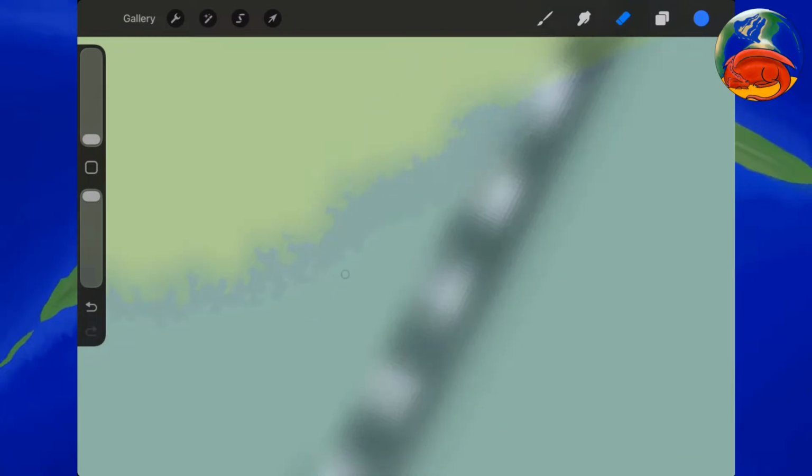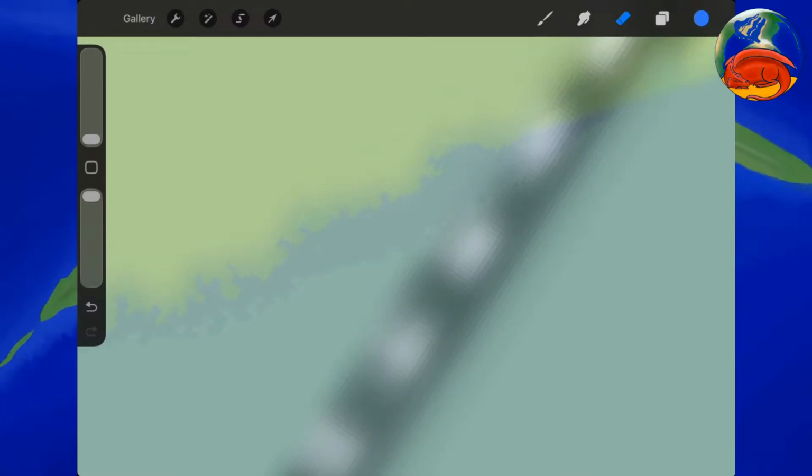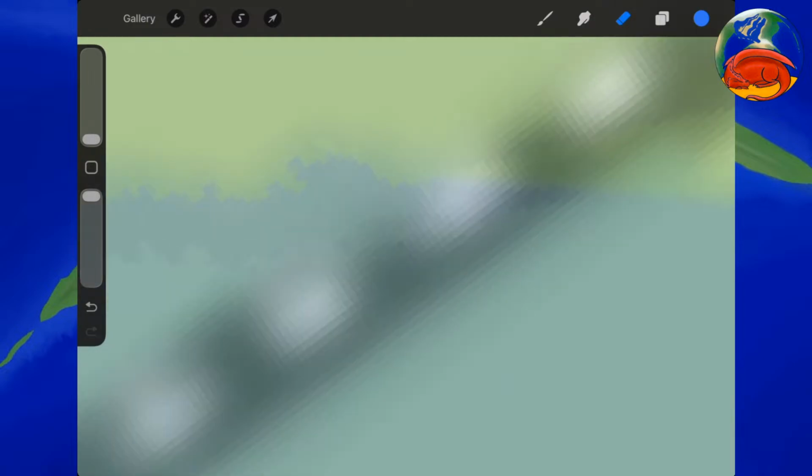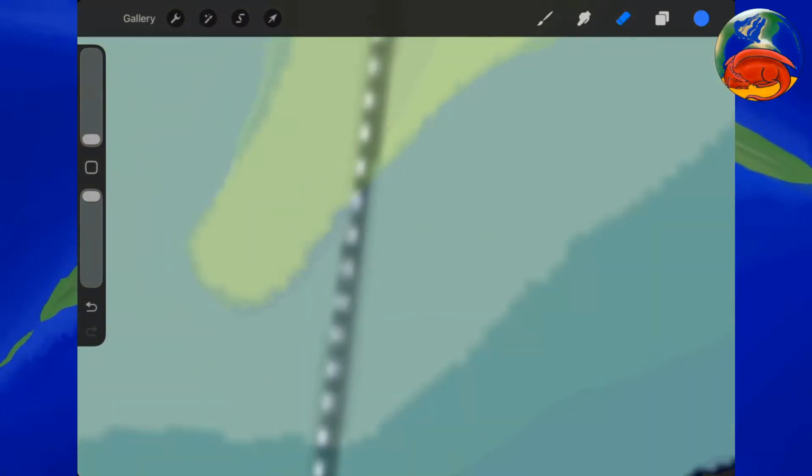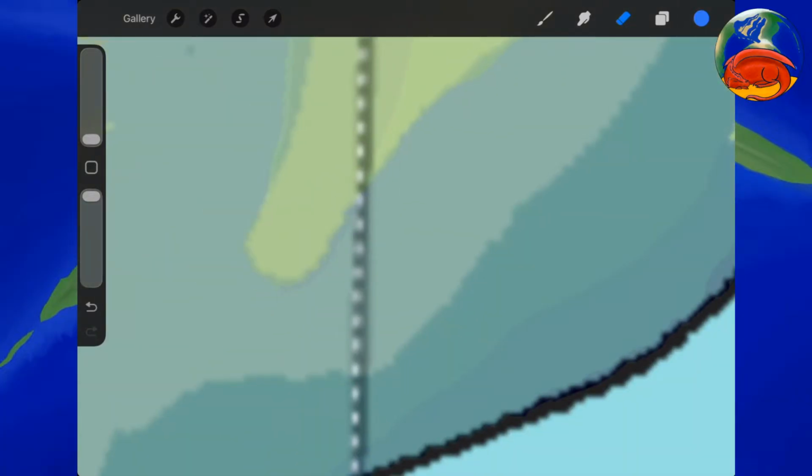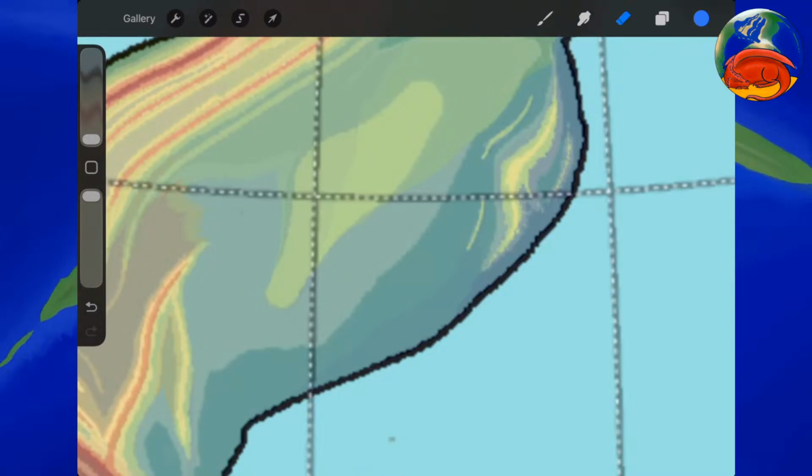And just kind of shave off stuff at the end here as we're working through. Yeah, and that blends in. Great.